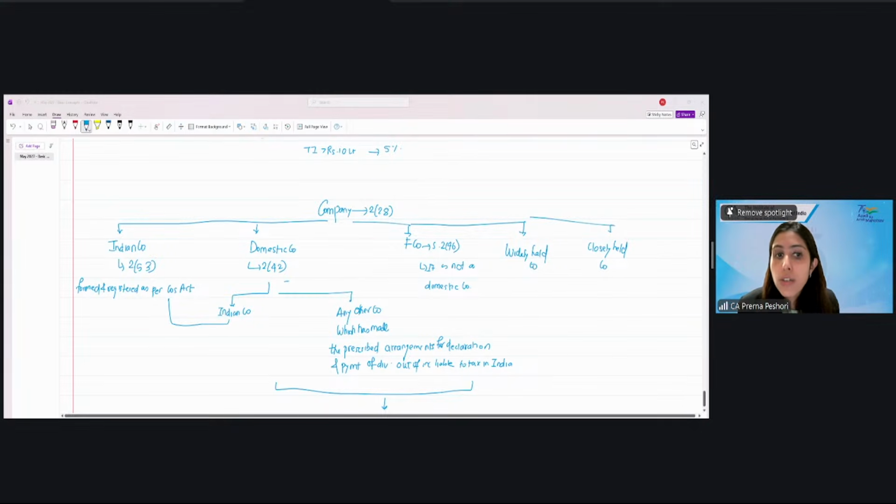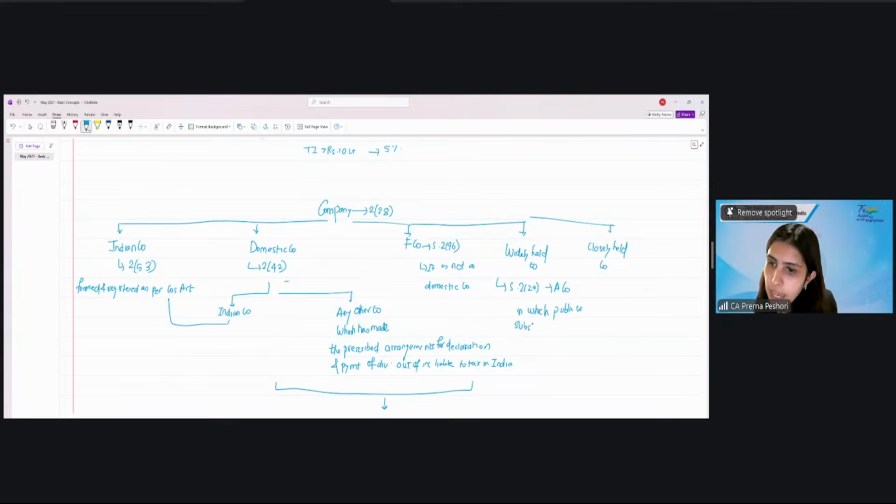So what is the language used in the Act? The Act talks about, in section 2(18), a company in which the public is substantially interested.